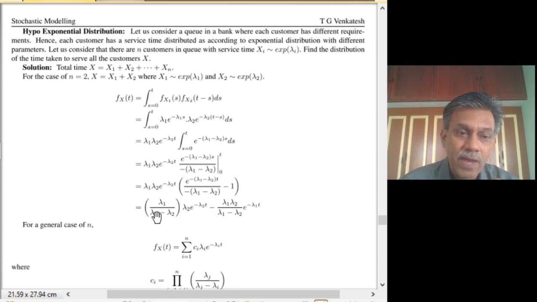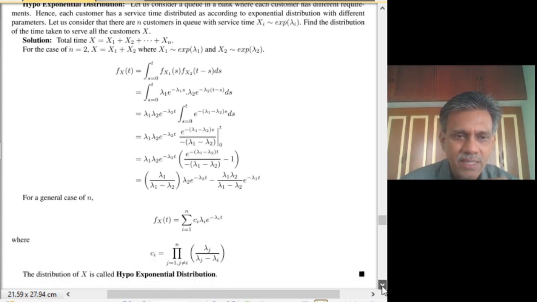If we had 3 random variables, 1, 2, 3, we will have one factor for each of the x's other than 2, okay. So in general we can write ci as there will be n minus 1 factors, such that j is equal to 1 to n, j not equal to i.